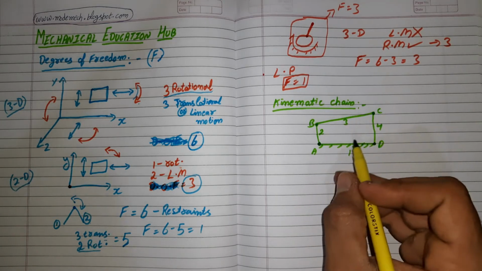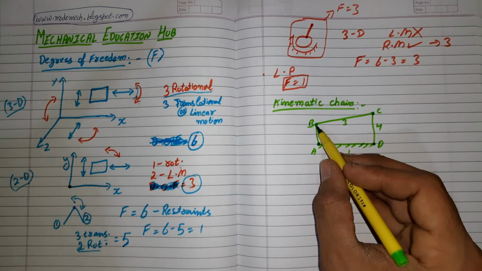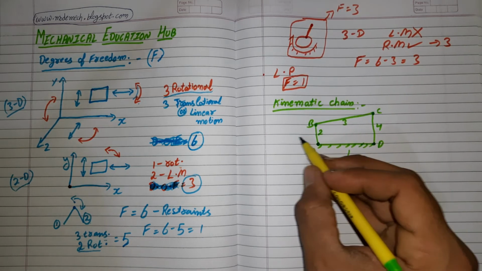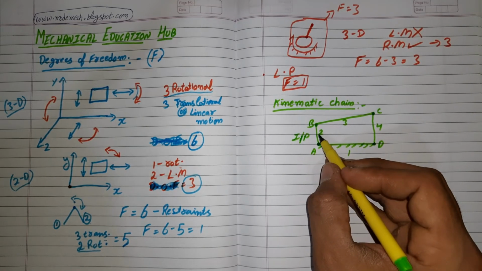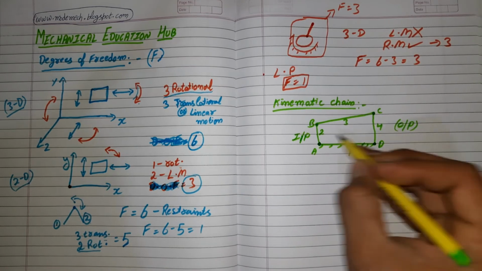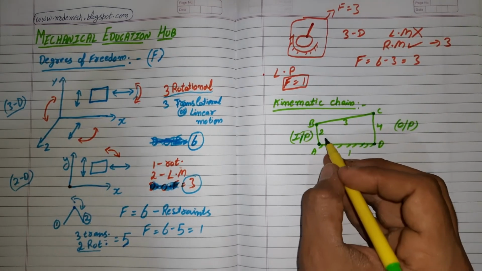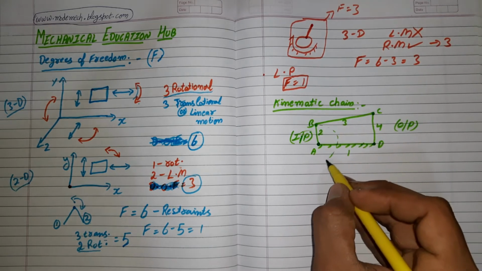Now this is the example of kinematic chain. If we consider link 2 to be input and link 4 to be output. Now let us consider here our input is in the form of rotation. This is rotating.